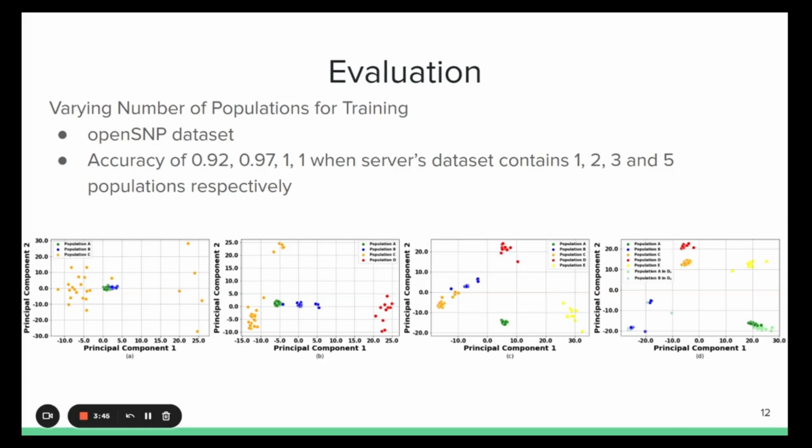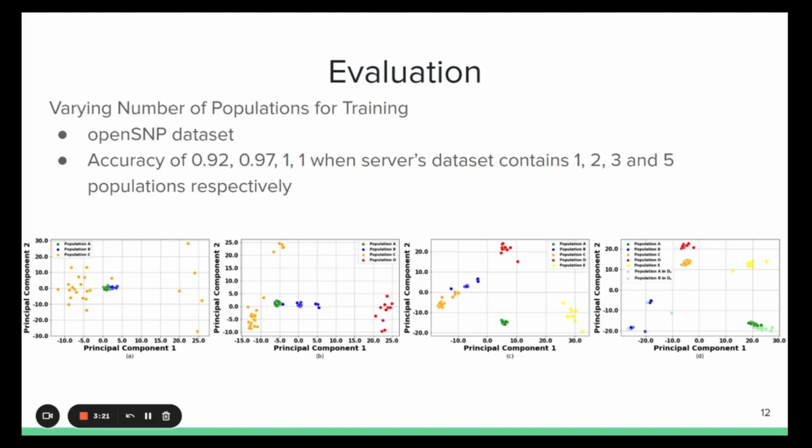Then the proposed framework's accuracy is assessed by changing the content of DS, and it achieves accuracies of 0.92, 0.97, and 1 for different population combinations, as shown in parts A, B, and C, where in A there is only 1 population training the dataset, in B there are 2, and in C there are 3.